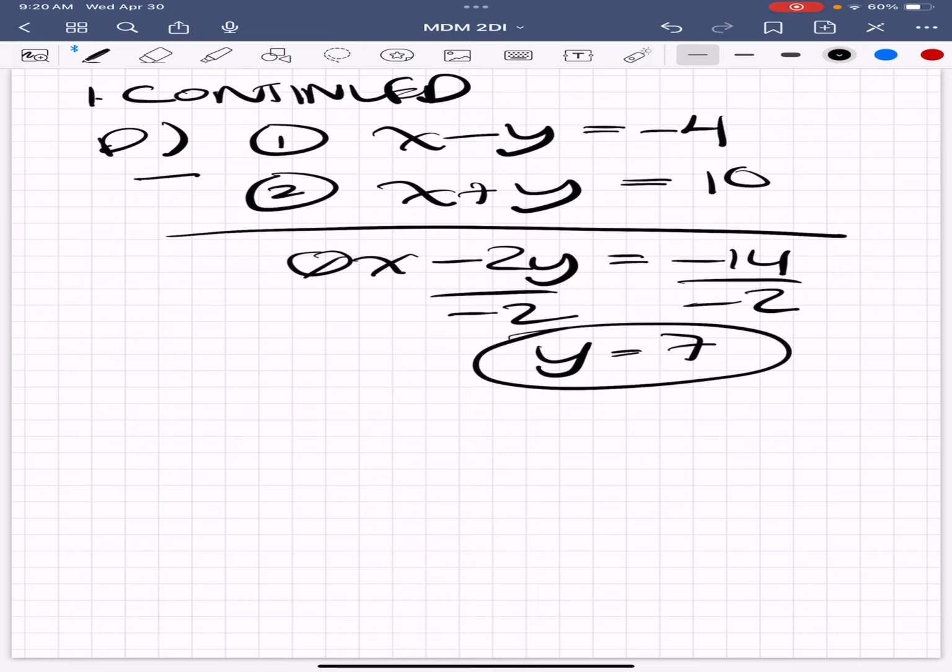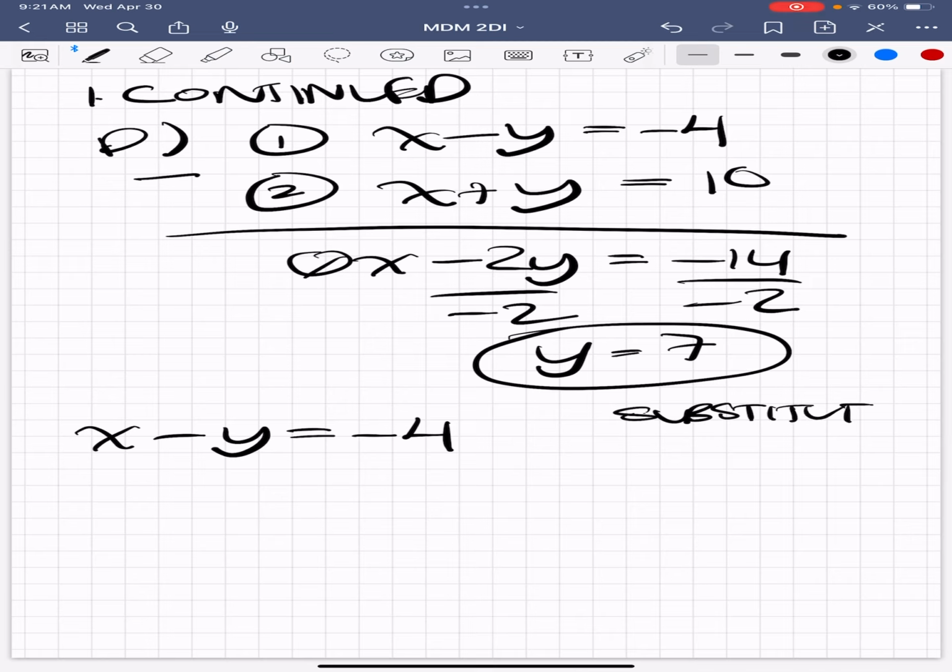We isolated y by dividing out -2 to get y by itself, and y equals 7. So this is the y coordinate of the POI. And so we're going to choose the original equation 1 or equation 2, in this case equation 1, and we're going to substitute y equals 7.